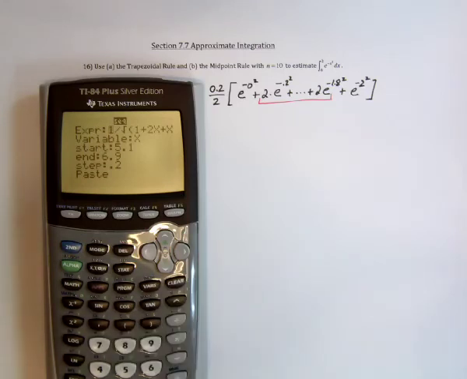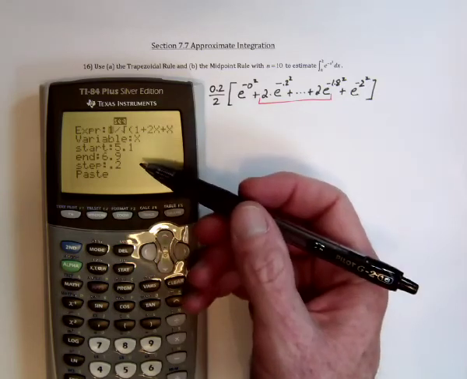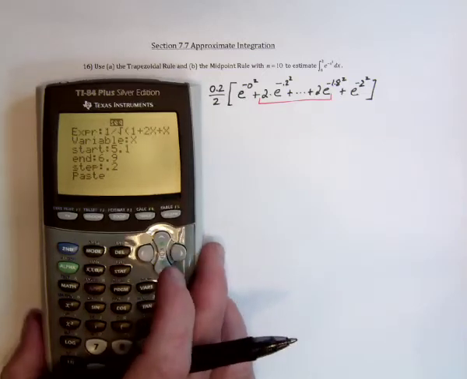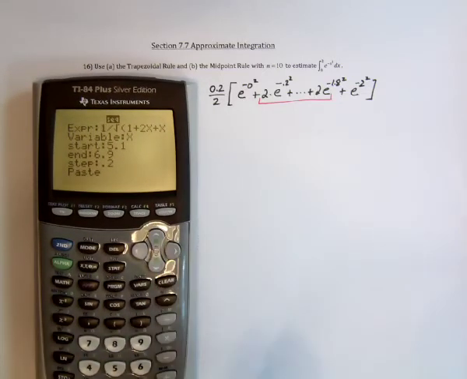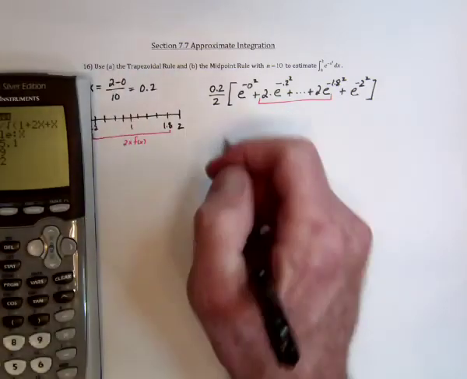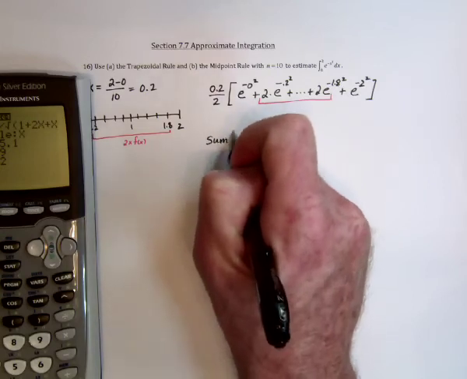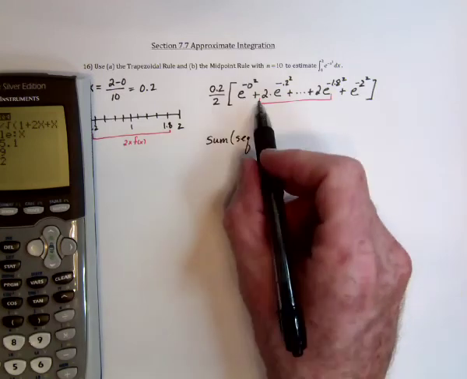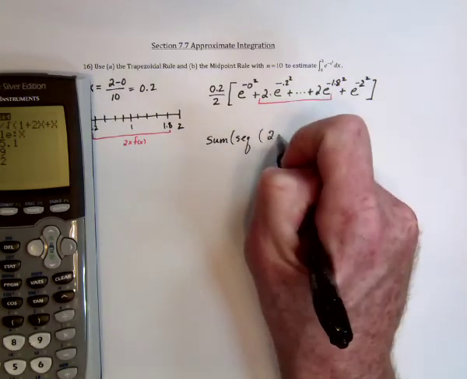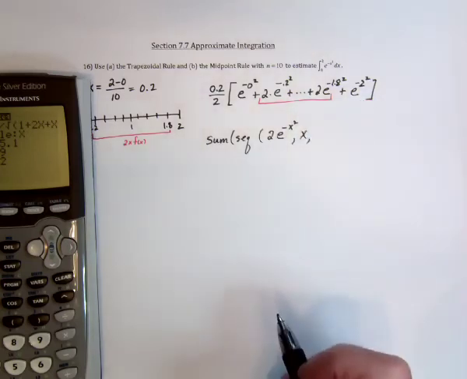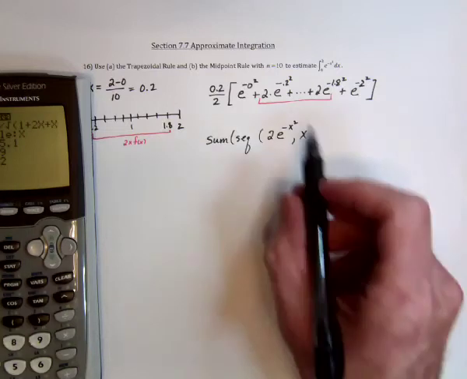Depending on how young or old your calculator is, it might look like this, or you might still be looking at the home screen. It ends up being exactly the same thing. So at this point you put in the expression. If you're writing it on the home screen, it would look like sum sequence. Then we need to tell it to add up these, which all have 2 in front: 2 e to the negative x squared, and then x is the variable, and the starting point is the 0.2.